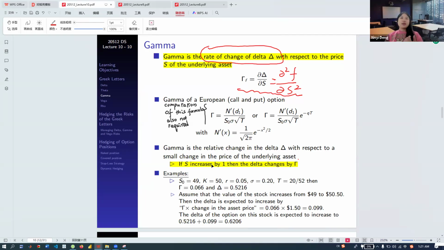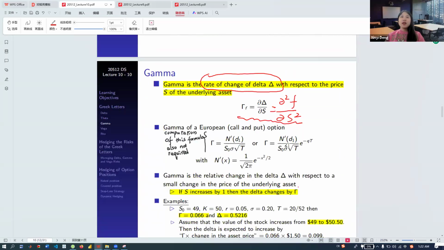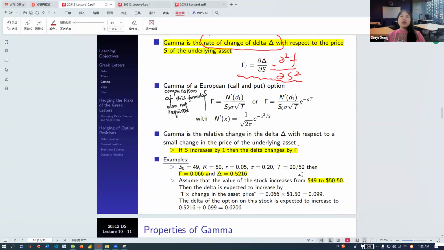For this option with those features, gamma is equal to 0.066 and delta is equal to 0.5216. Now we assume that the value of the stock increases, the same as previously, by 1.5. What's the change in delta?